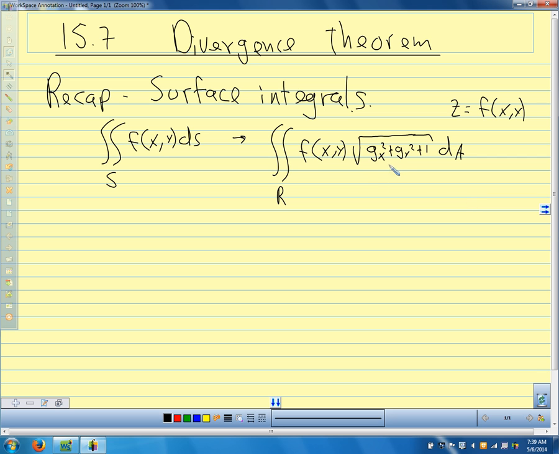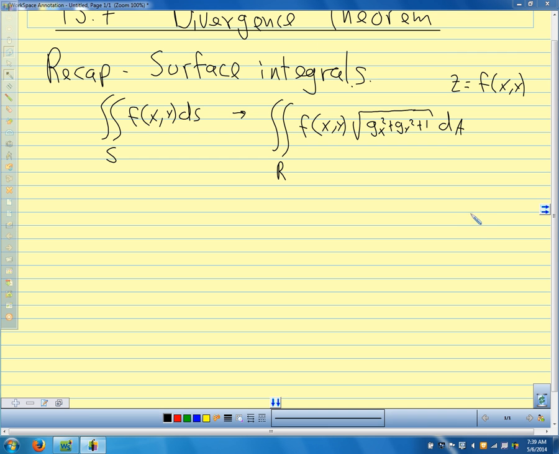So we have our parametric representation of our surface, and this is our scalar surface integral. Then we said yesterday that for a vector surface integral, we're talking about a flux integral.